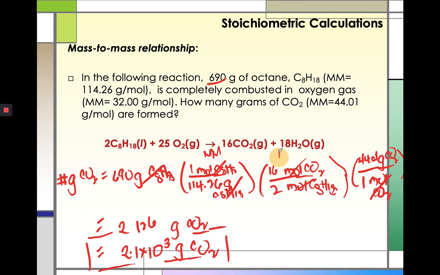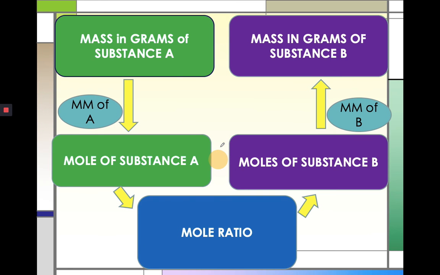After that, we use the mole ratio to cancel out moles of substance A. And then again, we use the molar mass of substance B, which is our ask, and here, this is our given. So the process really came from mass in grams of substance A down to mass in grams of substance B. We'll stop here for now. You can take a break.